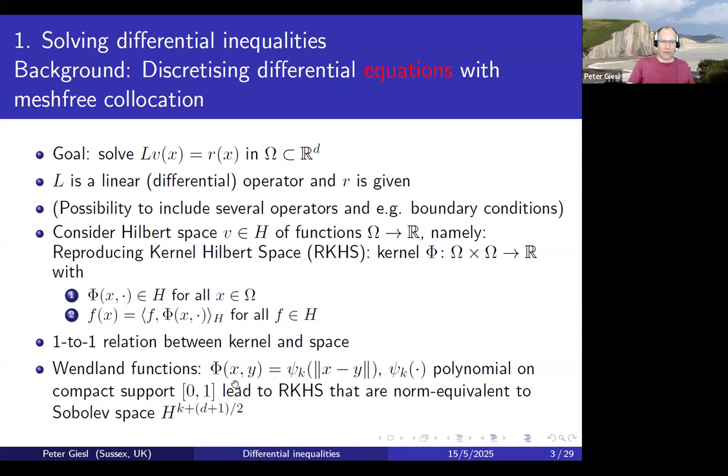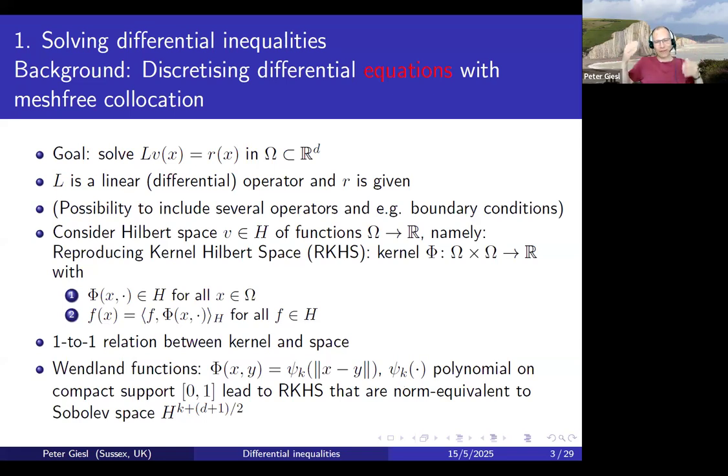The kernels I'm going to use are the Wendland functions. They are functions of the absolute value, or the norm of the difference of x and y. So this is now a scalar, a non-negative scalar rather, and these are functions. These psi k's are polynomials, and they have a compact support. Usually it's 0, 1. You can scale that obviously if you want to. So it's a whole family, and the k defines the smoothness.